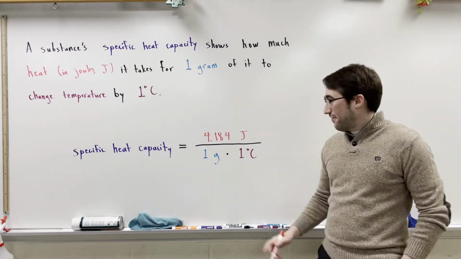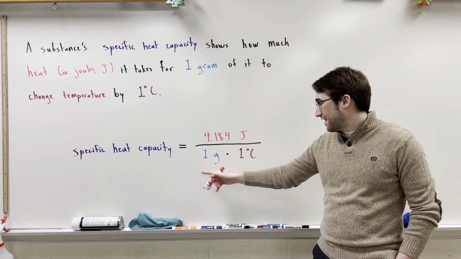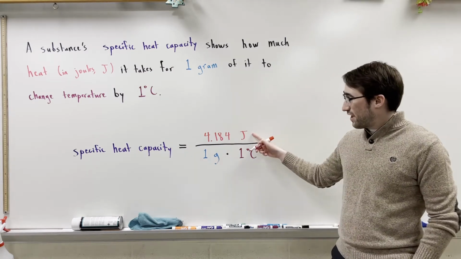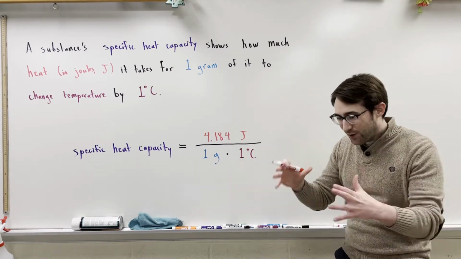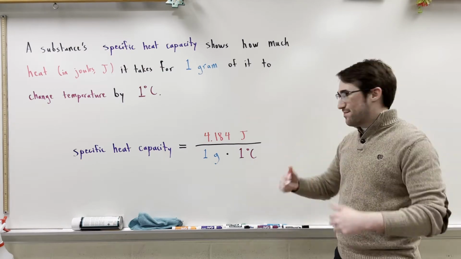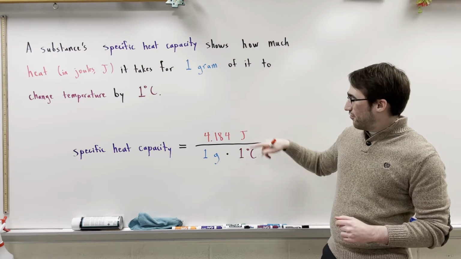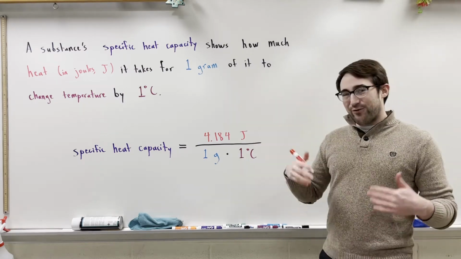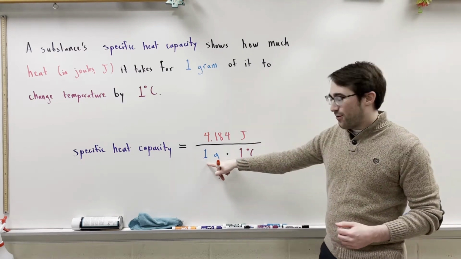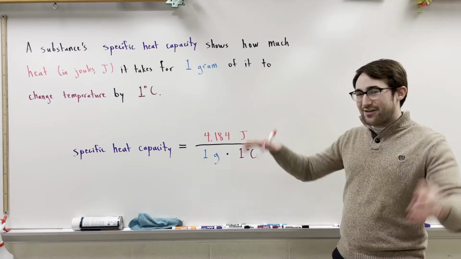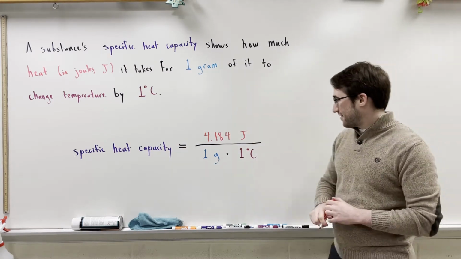So if you have 1 gram of water exactly, it will take 4.184 joules of heat absorbed into that water to make its temperature climb by 1 degree Celsius. Or vice versa, if it loses 4.184 joules of heat, that 1 gram of water will go down in temperature by 1 degree Celsius.